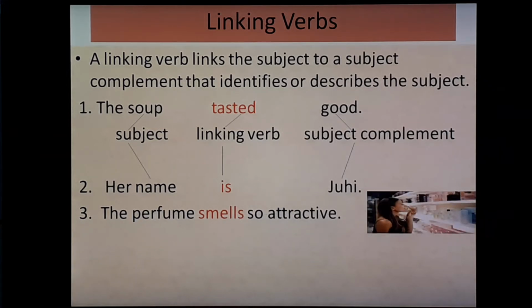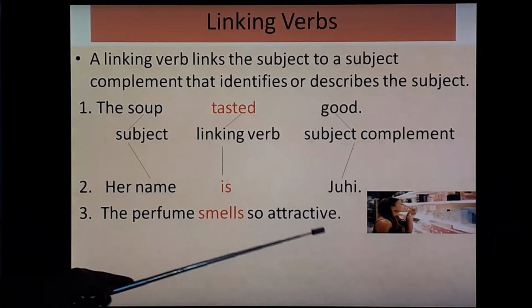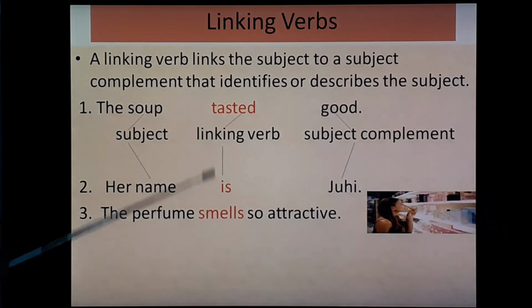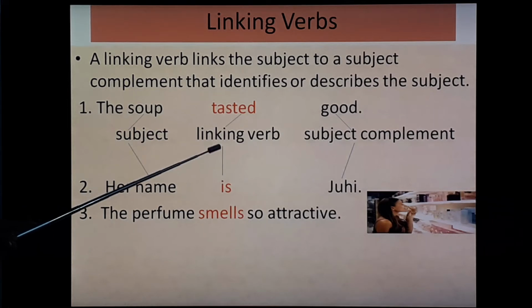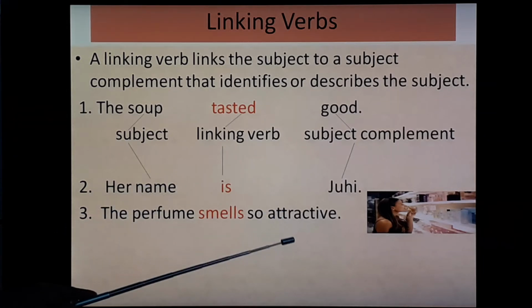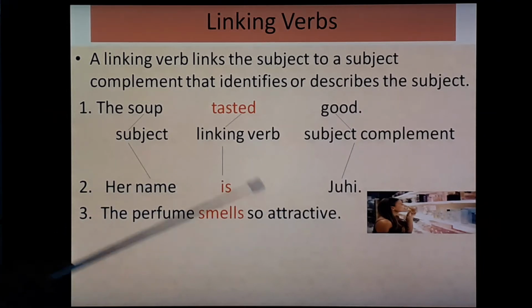See the picture. Here smells is the linking verb, because it links the subject to a subject complement that describes the subject, that is perfume.